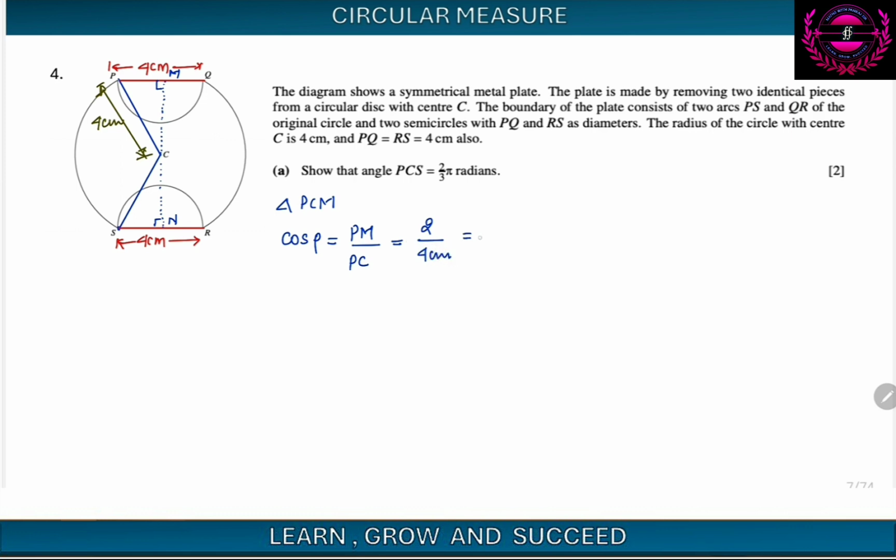So cos P is 1 by 2. Therefore, P is cos inverse 1 by 2.